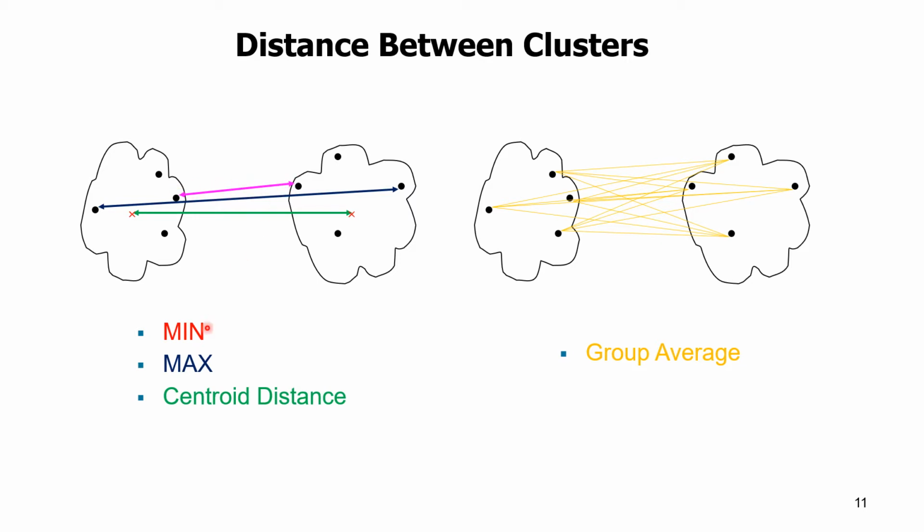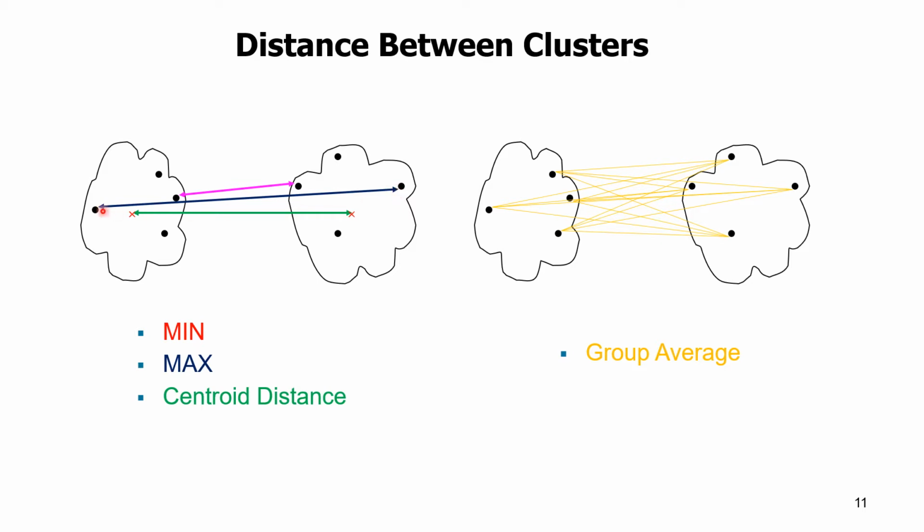If you use complete linkage, the max, this black line is the distance between these two clusters. Again, the distance is defined as the distance between the most distant members, like this.